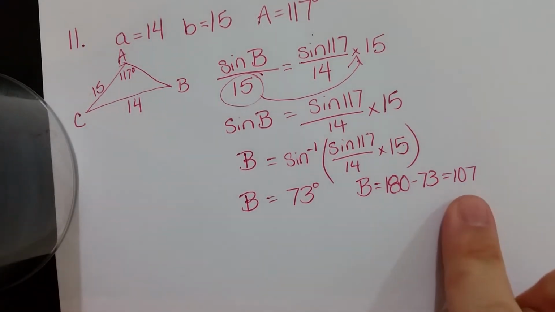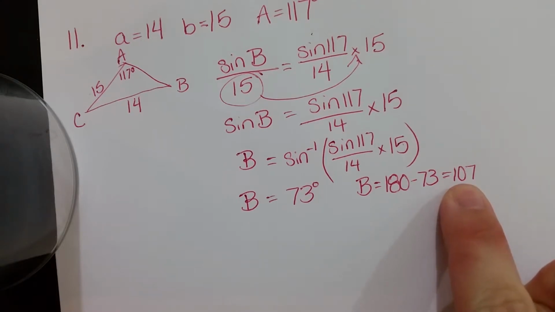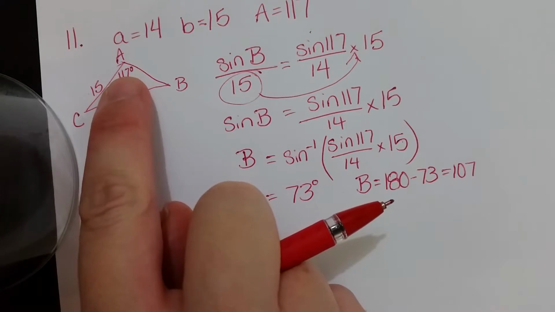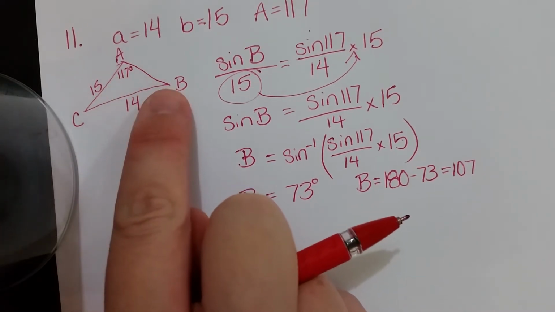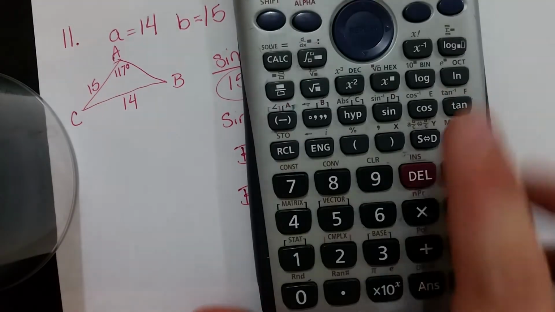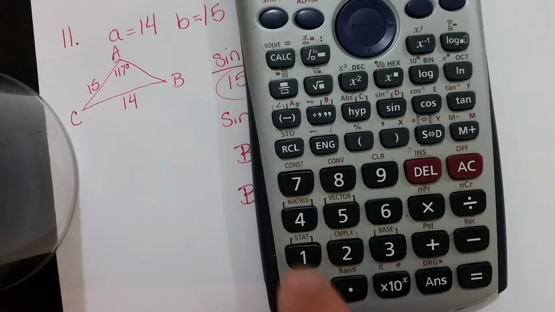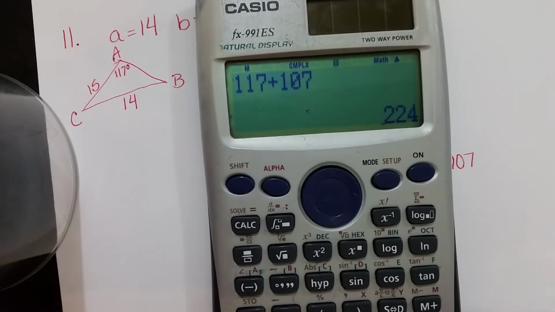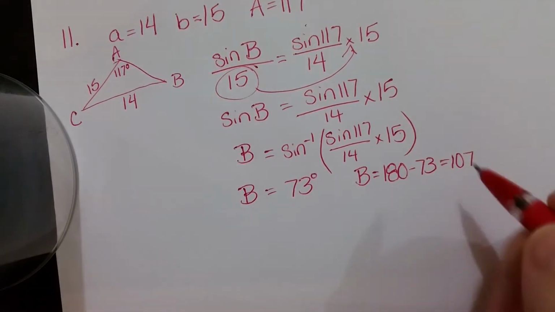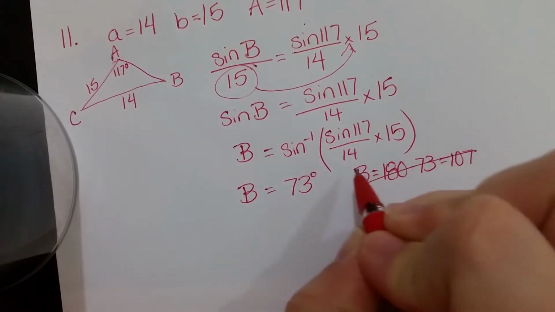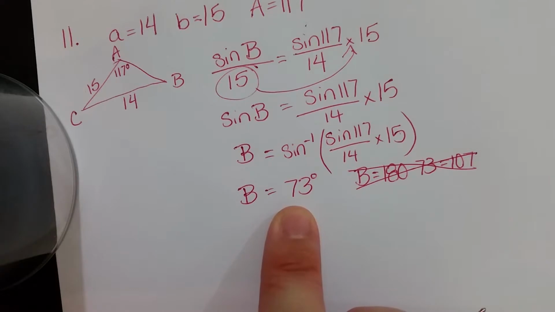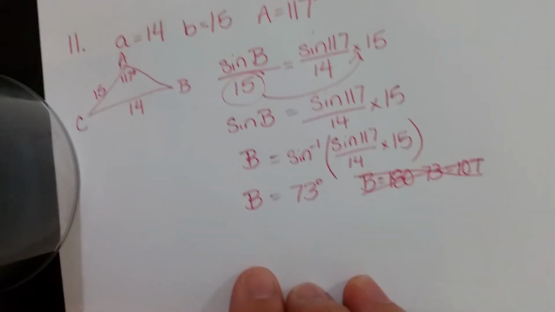Now here's where you need to check 107 with the original angle. So if I look at this, I have 117 here, and this would be 107. The problem is 117 plus 107 is bigger than 180. So there's no way this could be part of the triangle. So in this situation, I'm only going to have one answer. Okay? Alright, so let's move on.